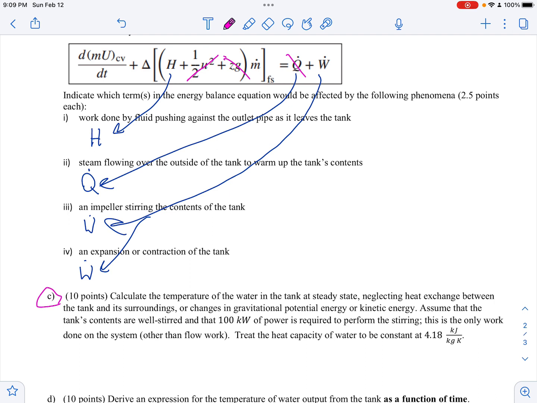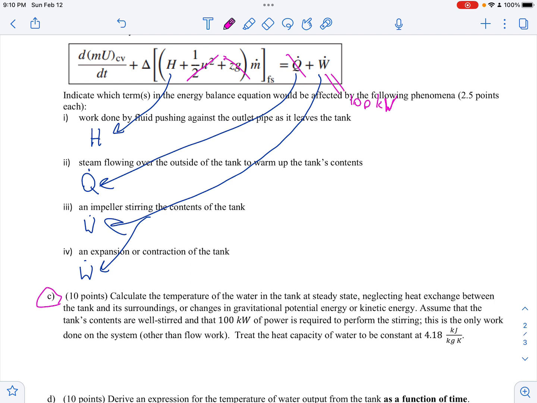Assume the tank's contents are well stirred and that 100 kilowatts of power is required to perform the stirring. So this is actually 100 kilowatts of work per unit time, or power. This is the only work done on the system other than flow work.